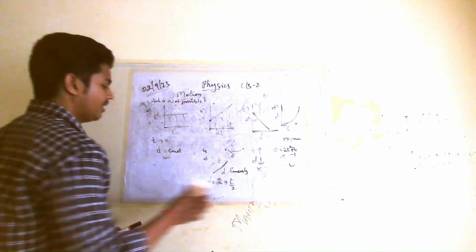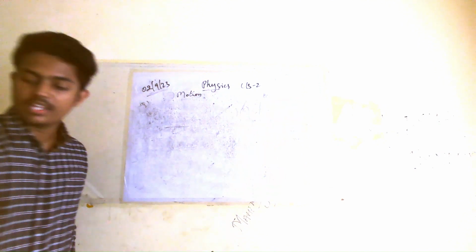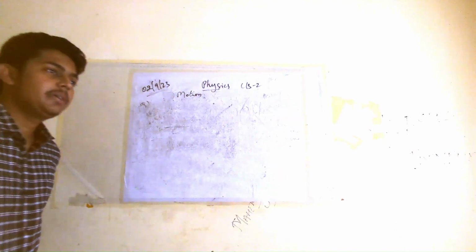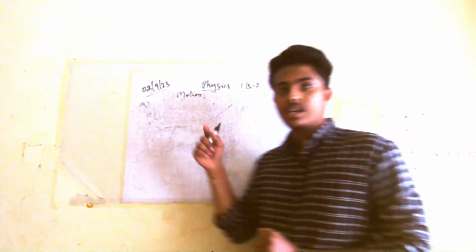Yeah, let's solve the next question. In the very first question we have seen that in time t by 2 and t by 2 it's traveling with different speeds v1 and v2, and we found out the total average speed.